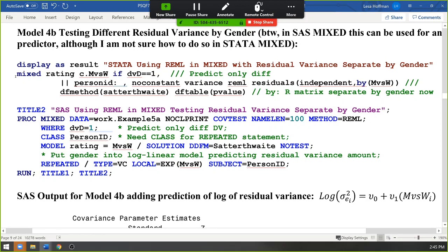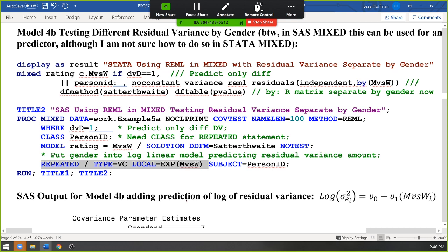The way that you can do this in Stata is this by statement right here. You can allow your residual variance to differ by groups, but I could not figure out, within Stata mixed at least, how to tell it to let the residual variance differ as a function of any kind of predictor. But I do know how to do that in SAS, and it's right here.